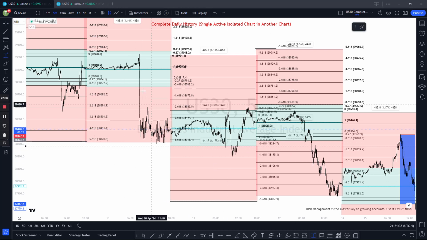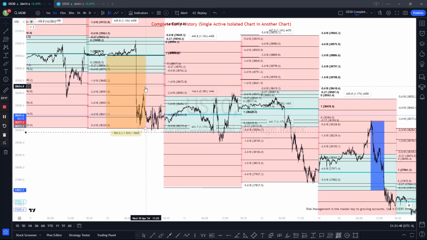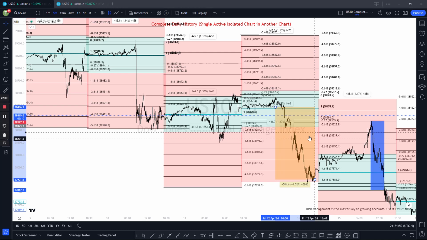This thing dropped to the T, 584 points, right? It dropped the exact same amount right here.